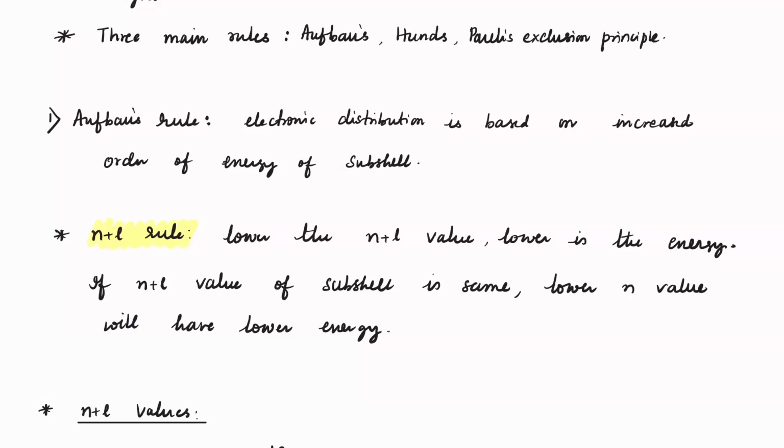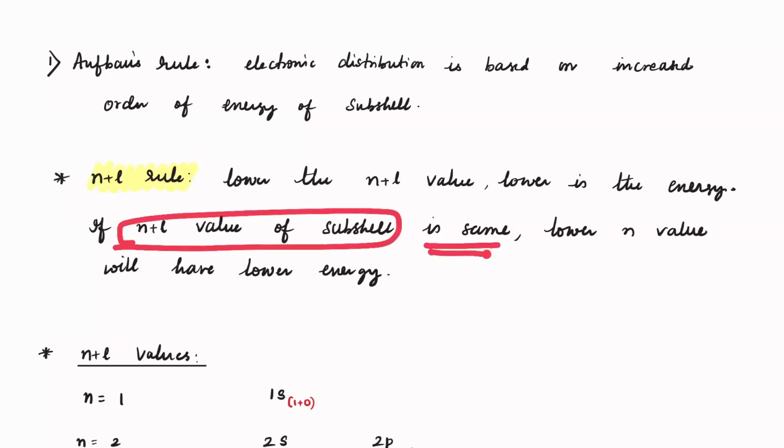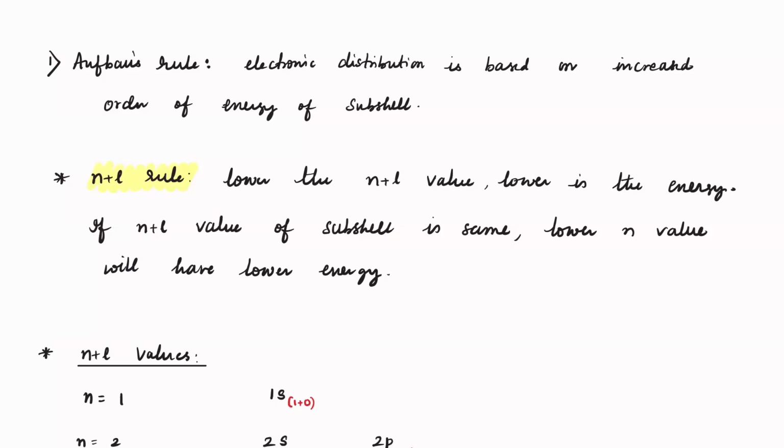Okay, this can be based on the N plus L rule. If the N plus L value is lower, then lower is its energy. So that subshell will be at lower energy. Next, if the N plus L value of the subshells is the same, then the one which has the lower N value has the lower energy.